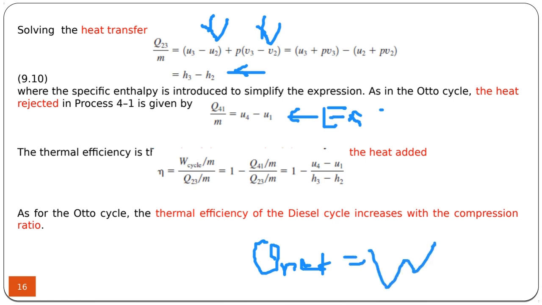So instead of writing the efficiency as W net over Q in, you can write it as Q in minus Q out, which is Q net, divided by Q in. Then you can see that it's different from the efficiency of the Otto cycle, because in the efficiency of the Otto cycle, you had the difference of the internal energies, whereas you have the difference of the enthalpies here.